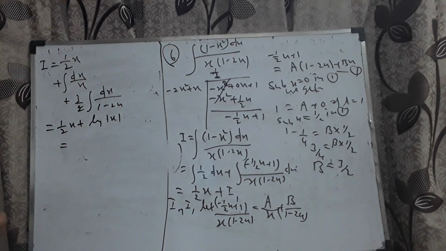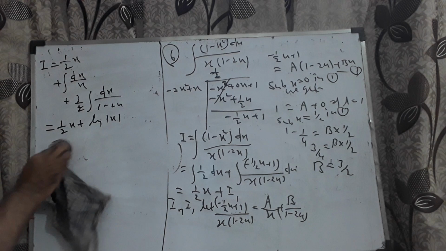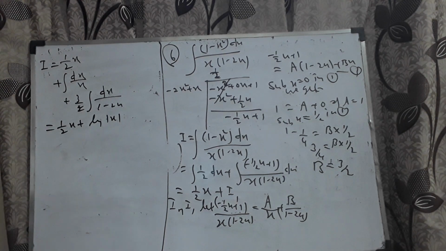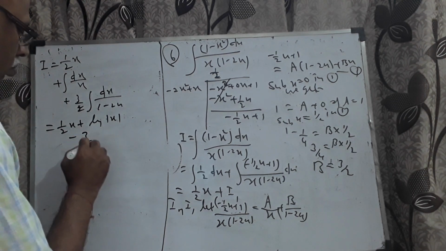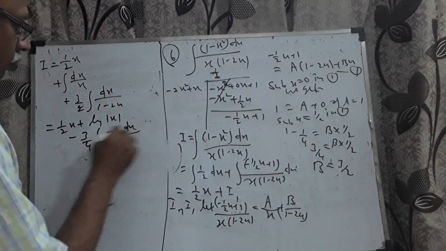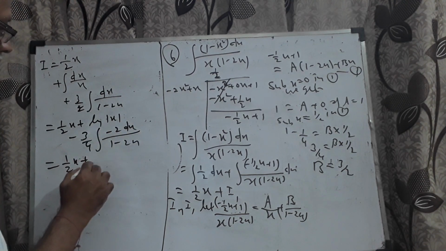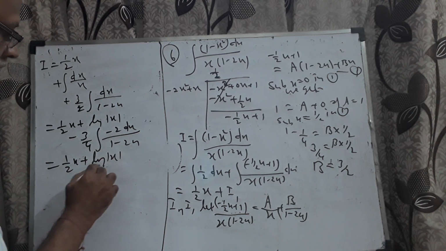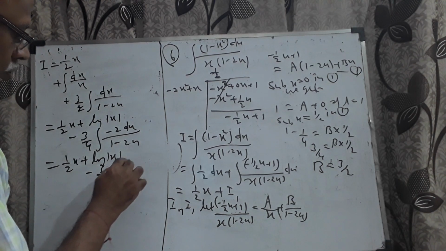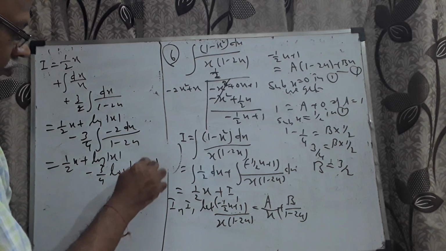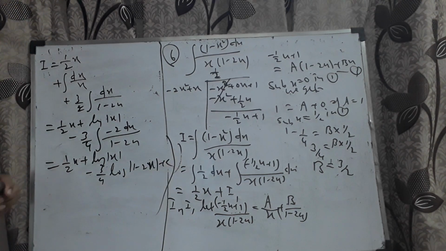Multiply and divide by minus 2 here. Therefore, this will become minus 3 by 4 into minus 2 dx by (1 minus 2x). Therefore, this will become half x plus log mod x minus 3 by 4 log mod (1 minus 2x) plus c. That is the final answer.